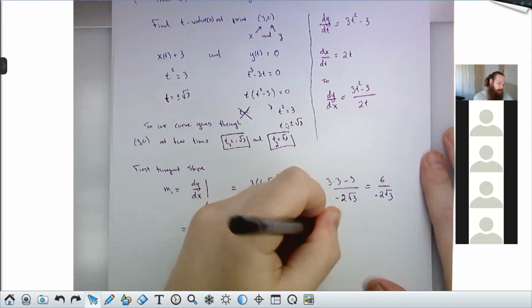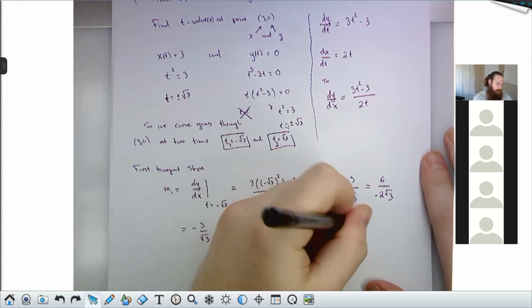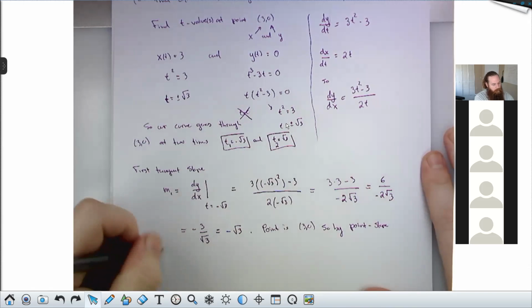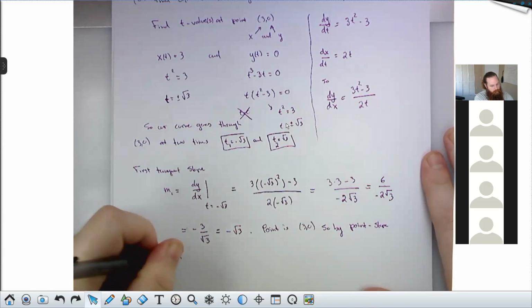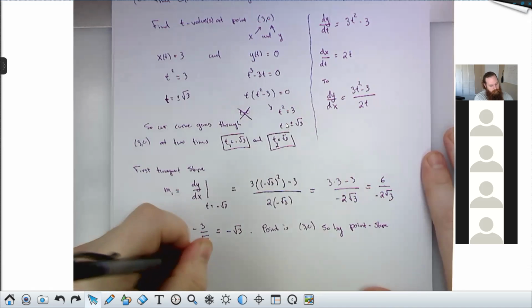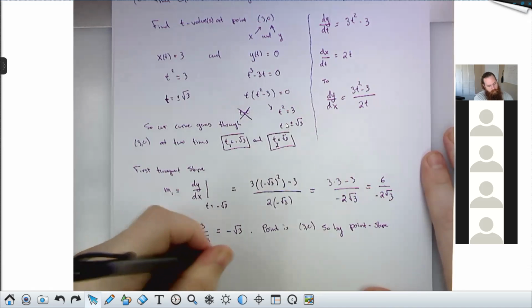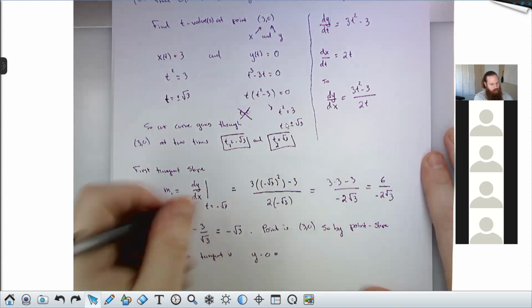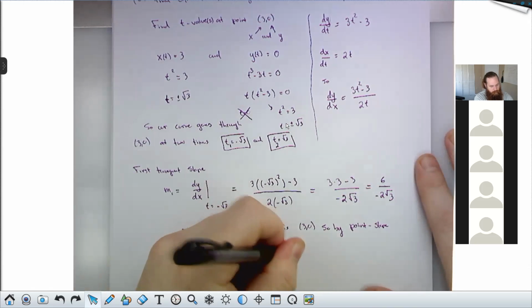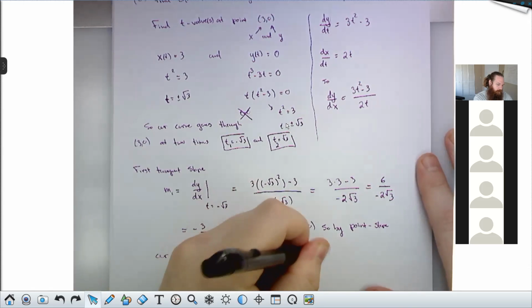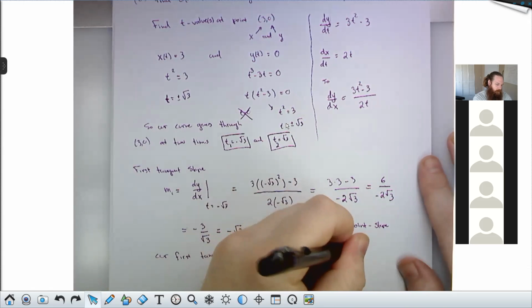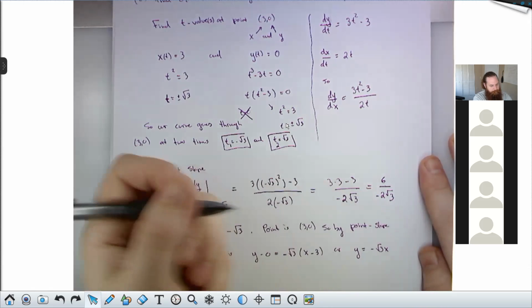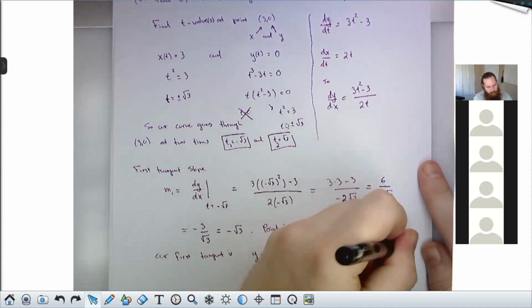So by the point slope equation for a line, our tangent, our first tangent, is y minus 0 equals this slope times x minus 3, or just y equals negative root 3x plus 3 root 3.